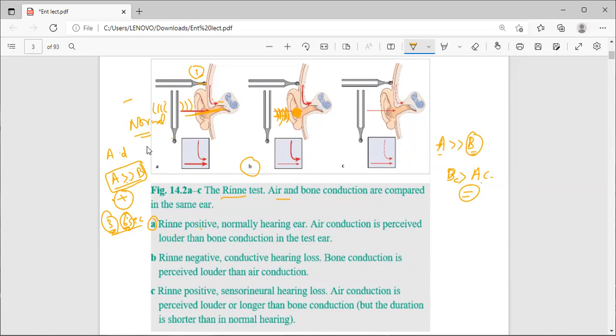If bone conduction is greater than air conduction, in either the left ear or the right ear, then you say that ear has a conductive hearing loss. Suppose it is the right ear: bone conduction is greater than air conduction, so you say there is a conductive hearing loss in the right ear. It's so simple. And if you find bone conduction greater than air conduction in the left ear, you say there is conductive hearing loss in the left ear. I hope this is understood.